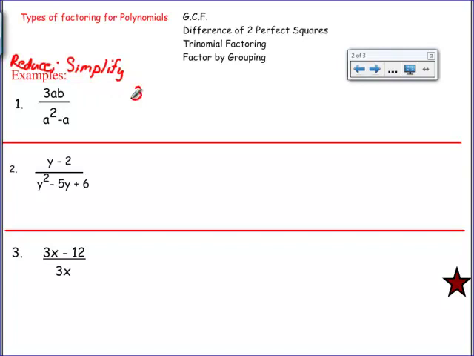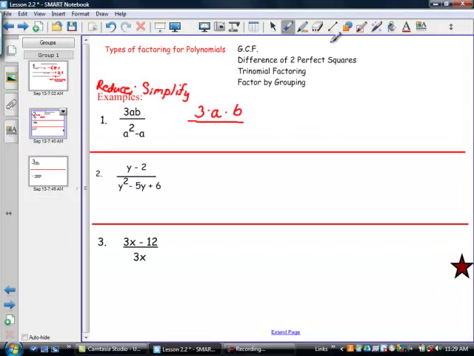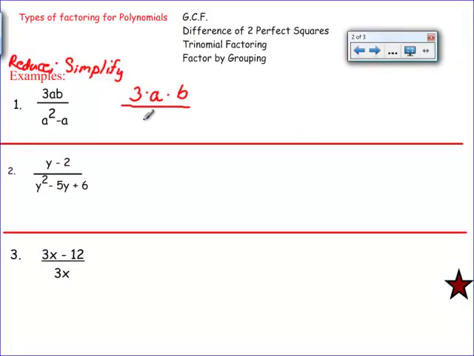3ab is really 3 times a times b. Now the reason I am stressing the word factor, and this is incorrect, what I'm going to show you right now, most kids do a squared minus, oh, this is easy, the a's cancel out and I'm left with 3b over a squared.